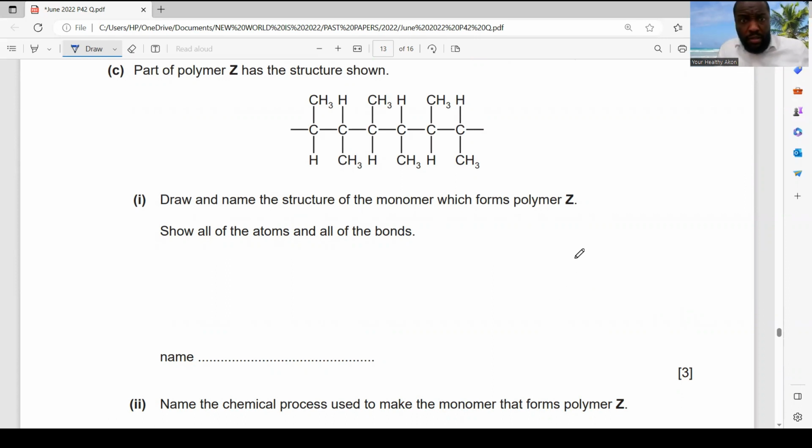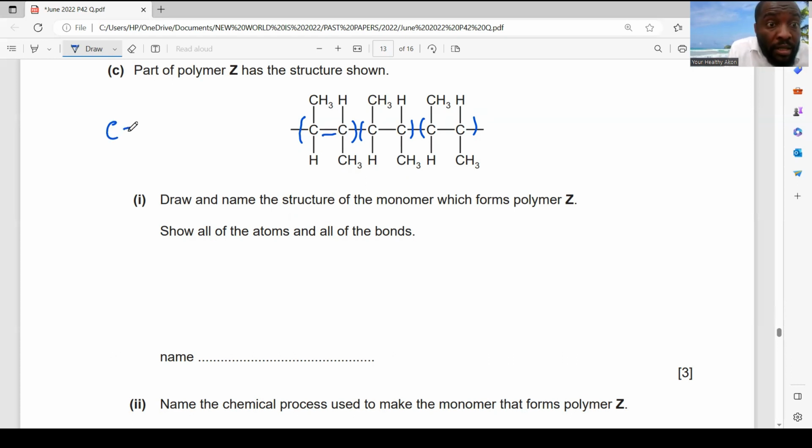How are we going to solve this? The easiest way is to identify one repeat unit. So that's my one repeat unit. There's another repeat unit. So there are about 3 repeat units on this polymer. Secondly, on one repeat unit, all I need to do is attach a double bond. And that's my monomer.